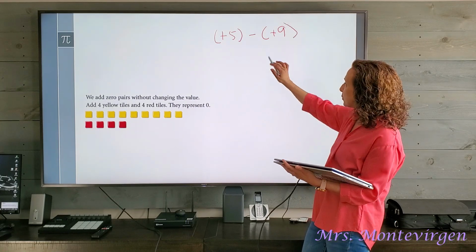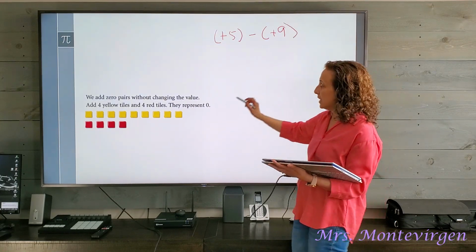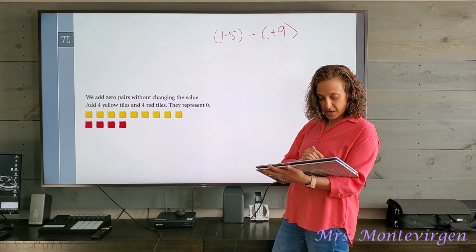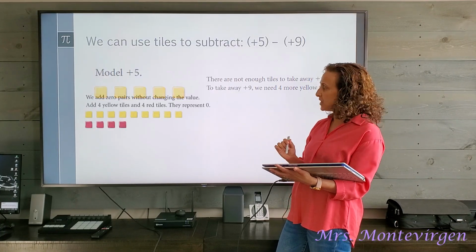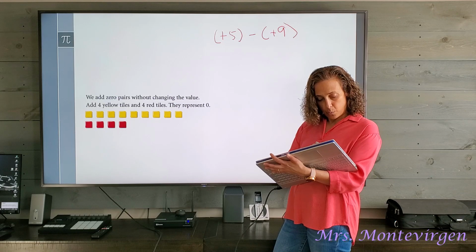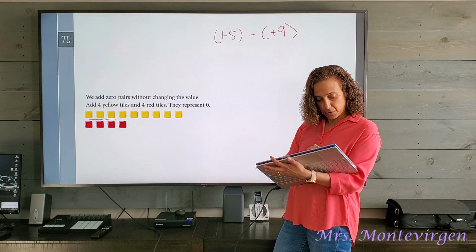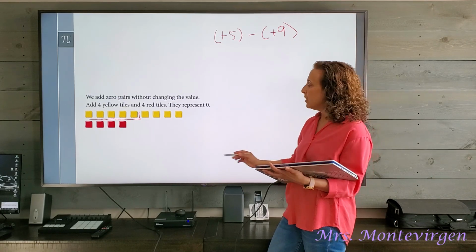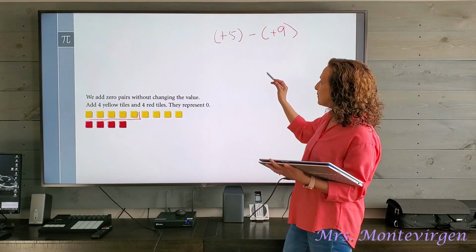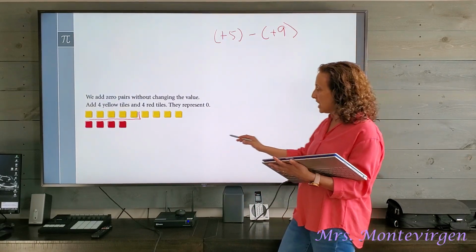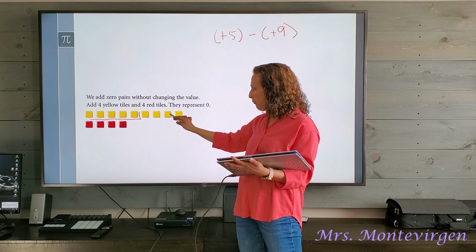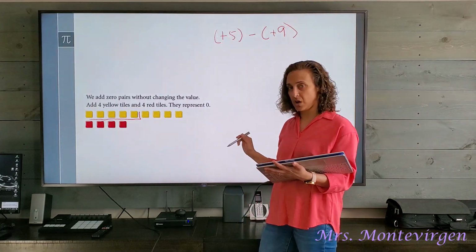Okay, I just wrote the question here, that way we don't forget. So we had, again, if you go back, we had only 5 tiles as part of the original question. Now for me to be able to take away 9, I'm going to have to add 4 more yellow tiles.